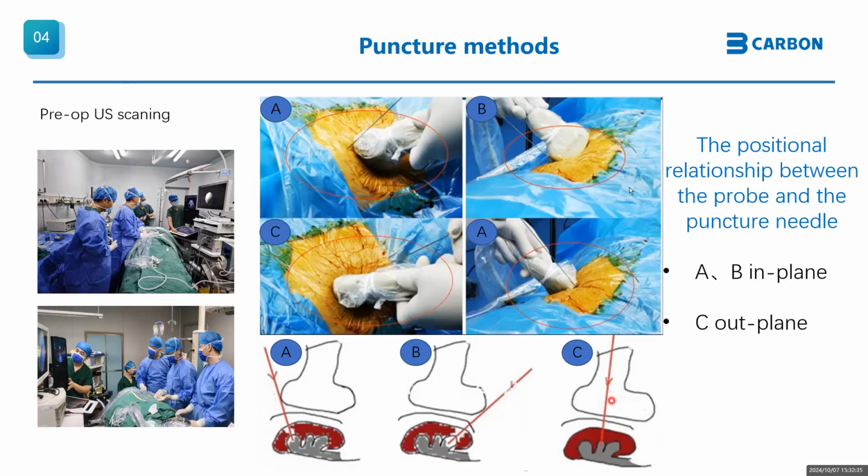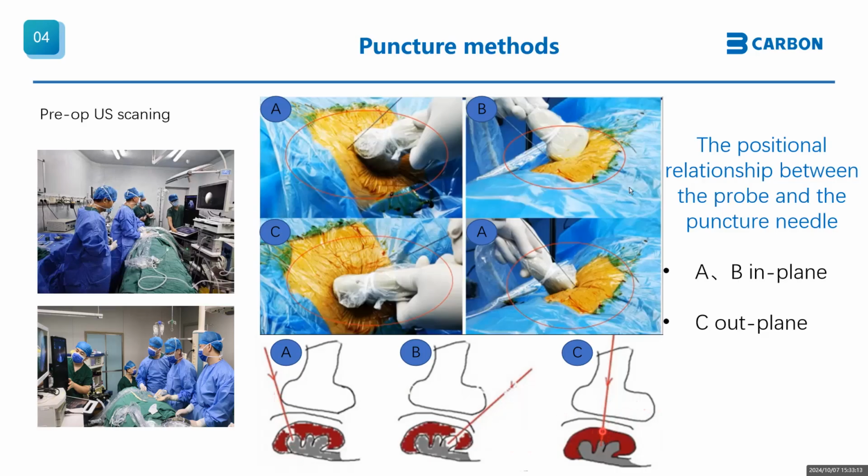But the out-plane puncture has some blind areas. So if we use our technique or magnetic tracking system, even though there are some blind areas, we can track the needle. We know the real depth of the needle.